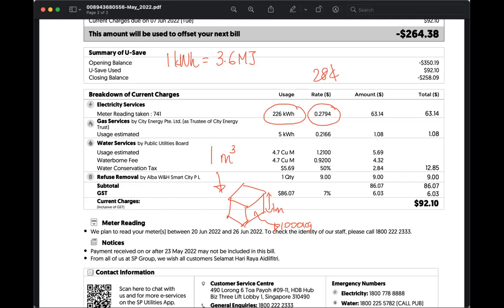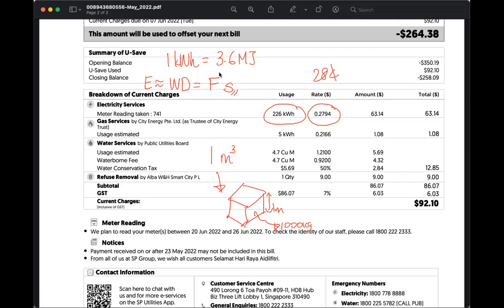The next thing I'm going to revise with you is how big is this number. What does 3.6 megajoule mean? Remember that energy is similar to work done. Work done is force multiplied by the displacement of the object. Is that clear?